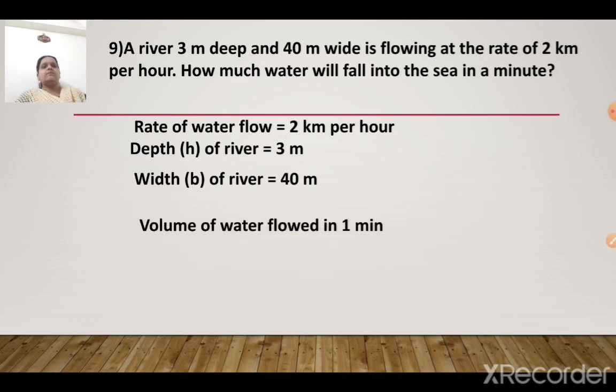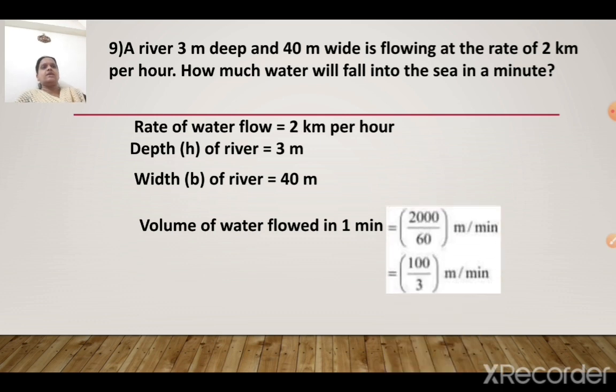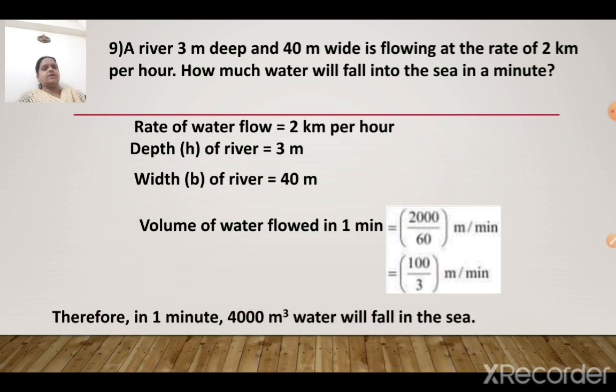The volume in 1 minute we have to find. As I told you, it will be 2000 upon 60, because 2 kilometer to meter is 2000, and this per hour value is given, 1 hour equals 60 minutes. So divide by 60. So 0 will get cancelled. 2 3s are 6, 2 1s are 2. So it will become 100 upon 3 meter per minute.